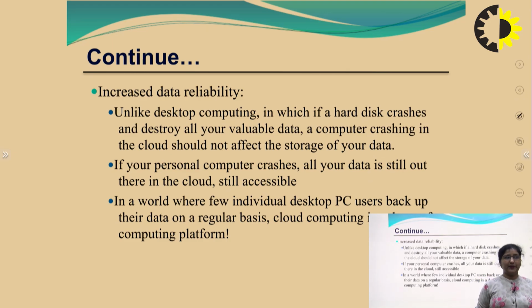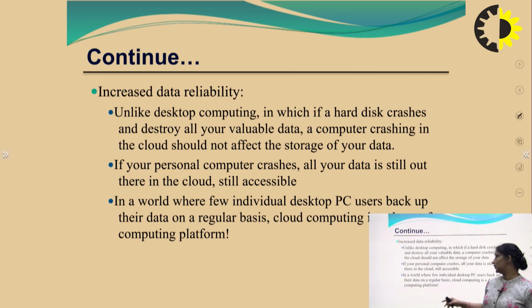Increased data reliability. Unlike desktop computing, in which, if my hard disk crashes, all my valuable data will be destroyed, a computer crash will not affect the cloud, because the data is stored on the cloud and the storage of the data is safe. If my personal computer crashes, then all my data is gone, but if the data is saved on the cloud, then the cloud is still accessible through any other device.